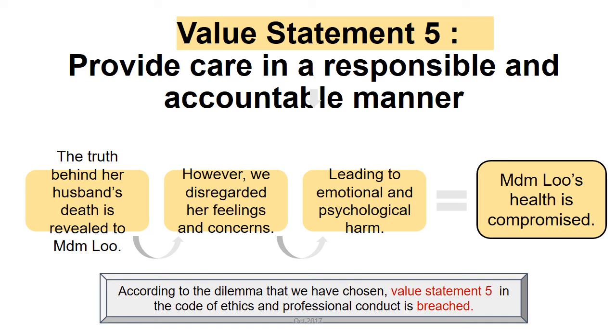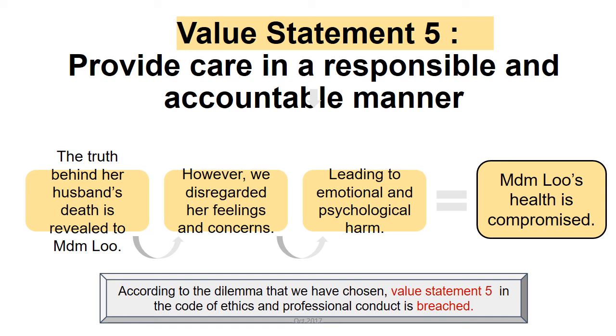Value Statement 5 is to provide care in a responsible and accountable manner. When we tell the patient the truth about the passing of her husband, we know that emotionally and psychologically there could be some harm.